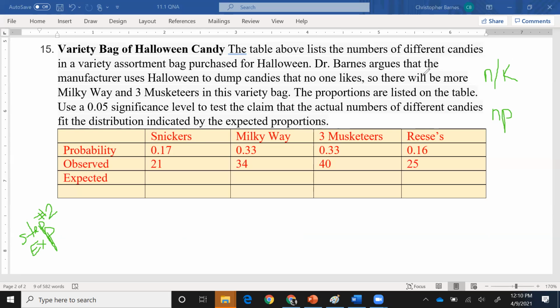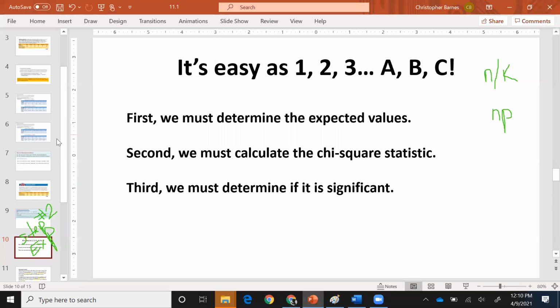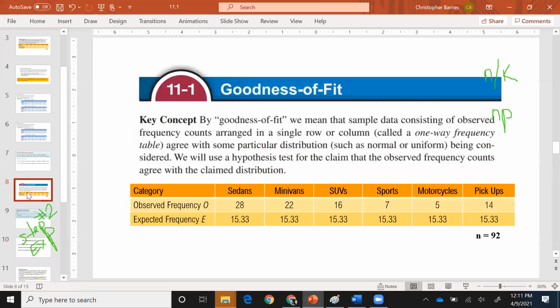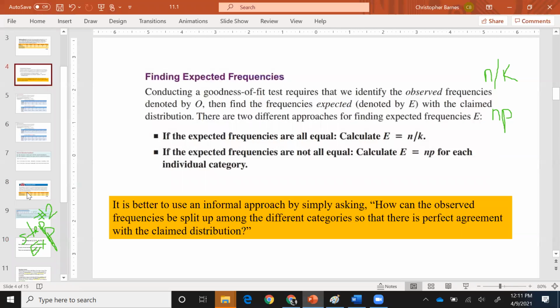So which one of these equations will we use? Wouldn't it be N divided by K? No, you know what? Let me make sure I have this on the screen again. No, you just said it's because they're not equal, so it will be N times P.